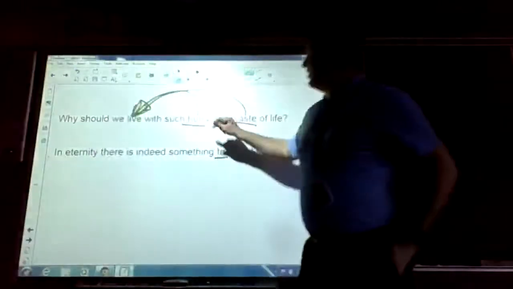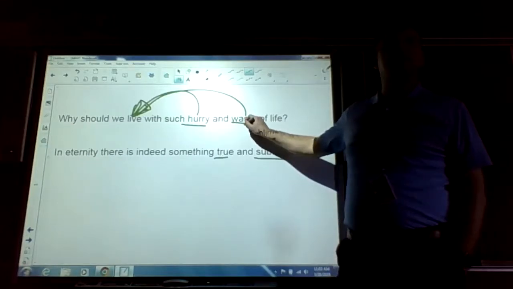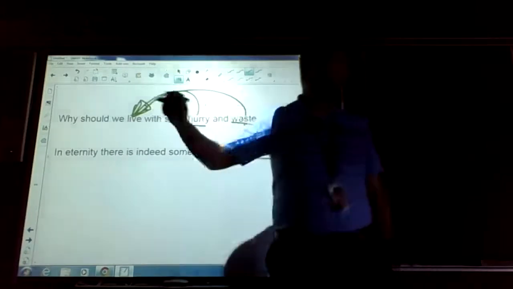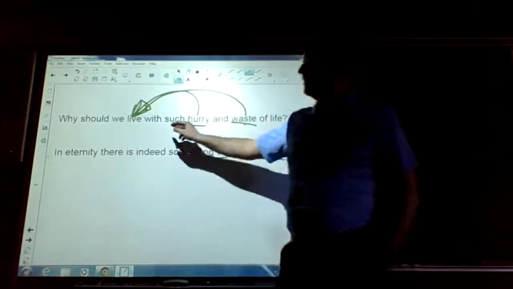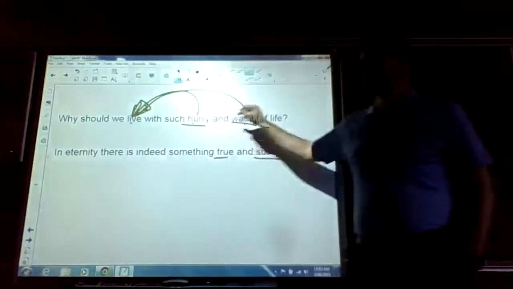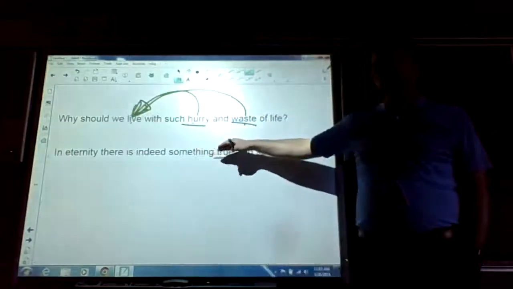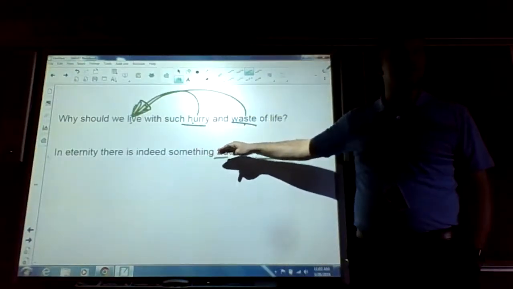Let's go up here. Hurry and waste are doing what? Connecting, emphasizing, or contrasting? Emphasizing what? So we should live with hurry, or why should we live with hurry and waste? It's emphasizing live. Okay. Down here, it's not contrasting, obviously.